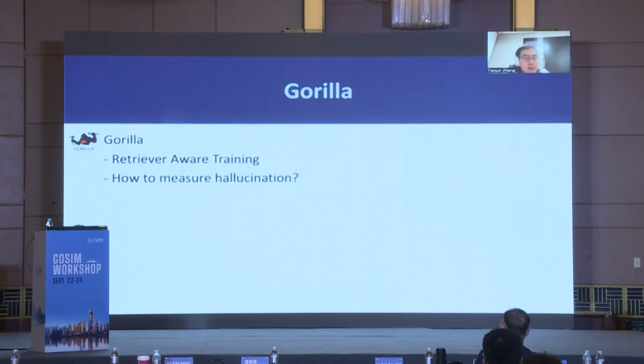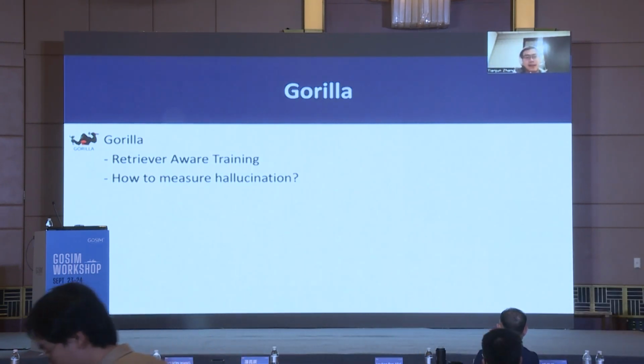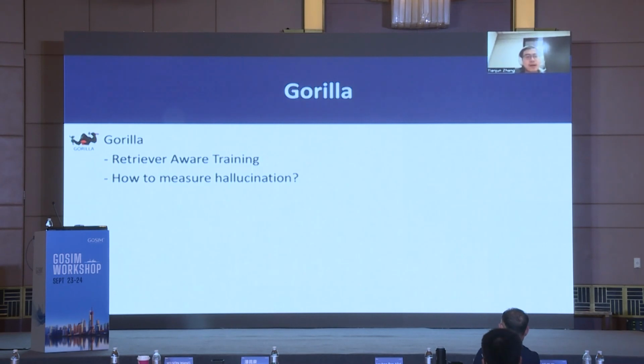Now we have seen how Gorilla works as software. Now I want to talk about how we train this Gorilla. There are 2 concepts I want to bring up as they are pretty important for the paper.